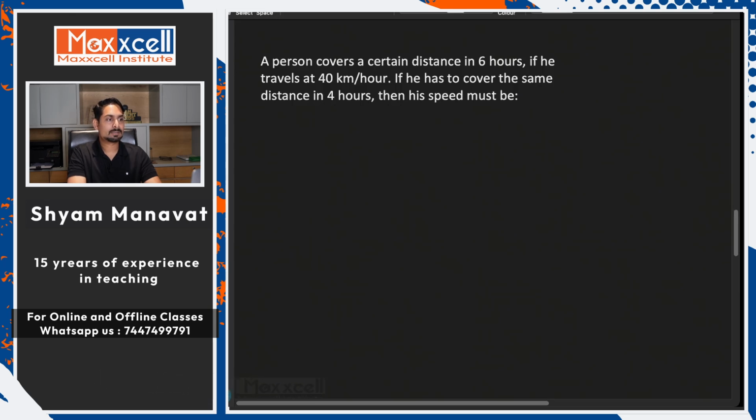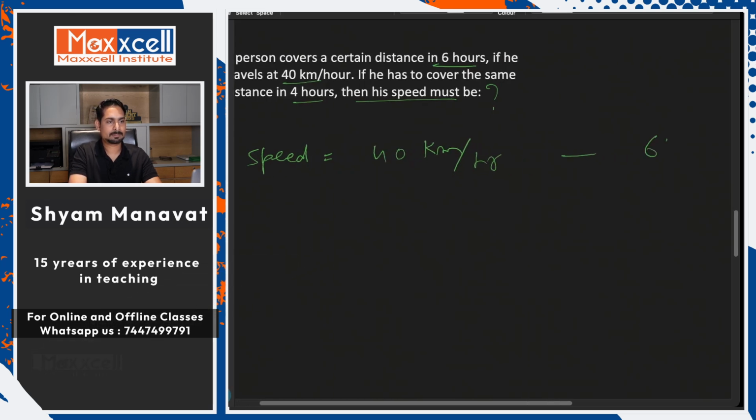A person covers a certain distance in 6 hours if he travels at 40 km per hour. If he has to cover the same distance in 4 hours, then his speed must be how much? By the first condition, when you travel with 40 kilometers per hour, he takes 6 hours.